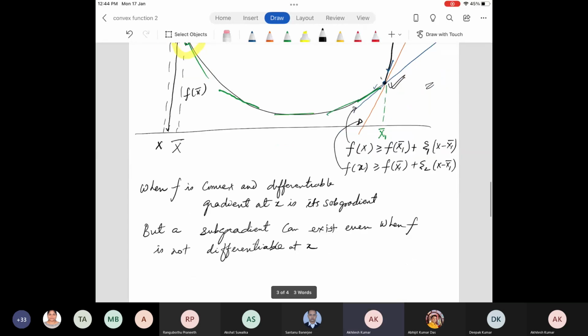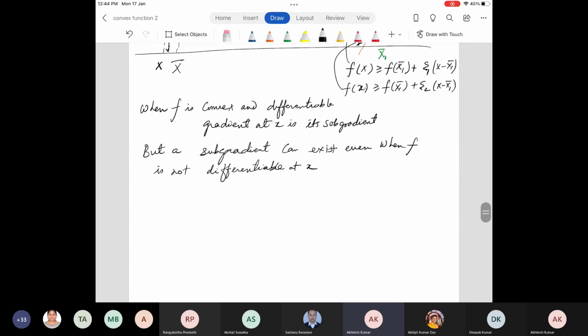If you want to understand this with one more simple example, suppose I have a function like this: f of x equals mod of x. If I try to draw the subgradient of this function, at what point is it not differentiable?